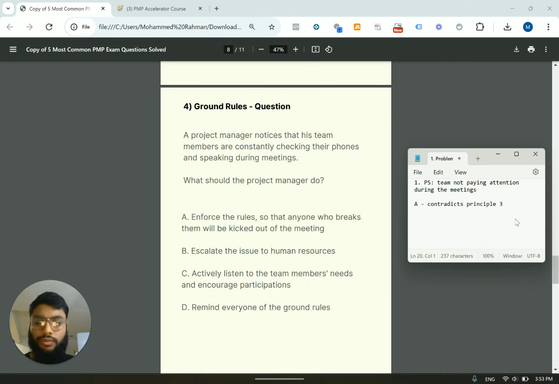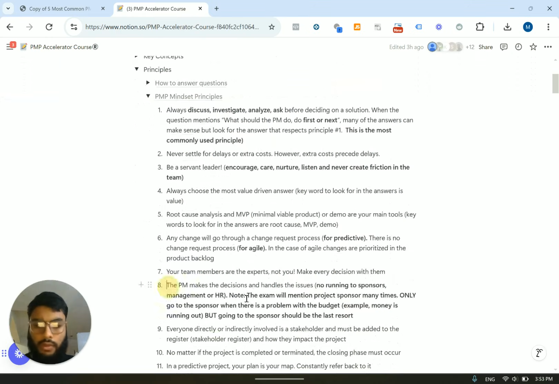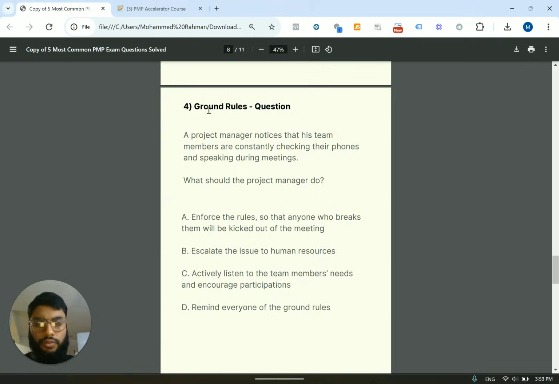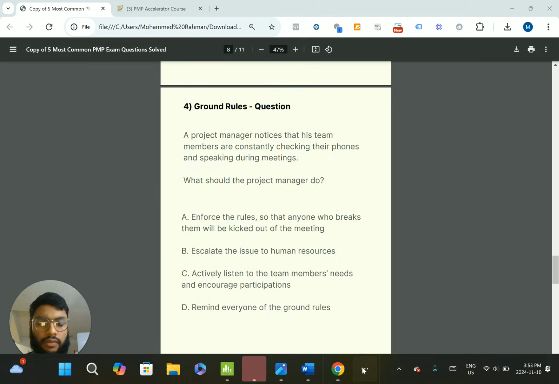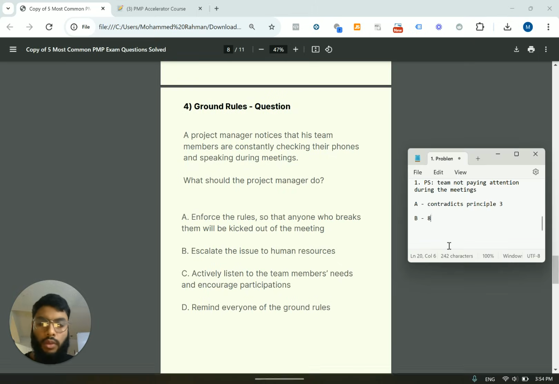Okay. Escalate the issue to human resources. So nope. Principle 8 is being contradicted here. And we know that we don't escalate things. A PM solves what the PM needs to solve. No escalating. Now, obviously, in real life, you might escalate, but we're talking about in terms of the PMP.